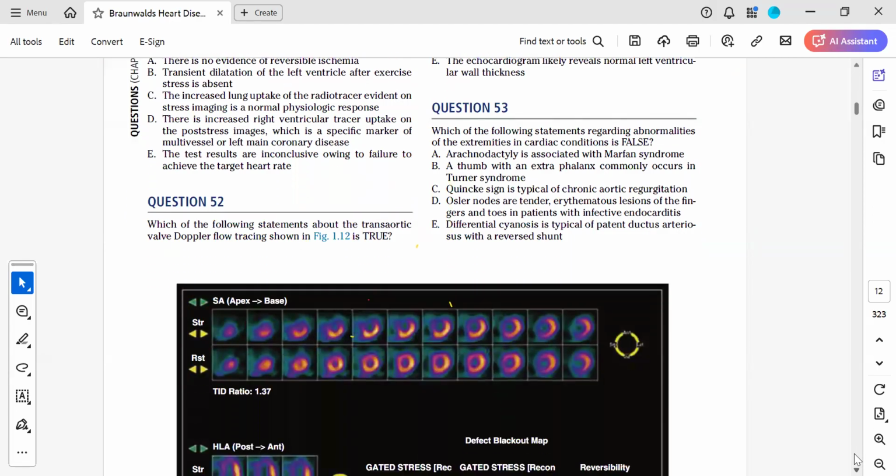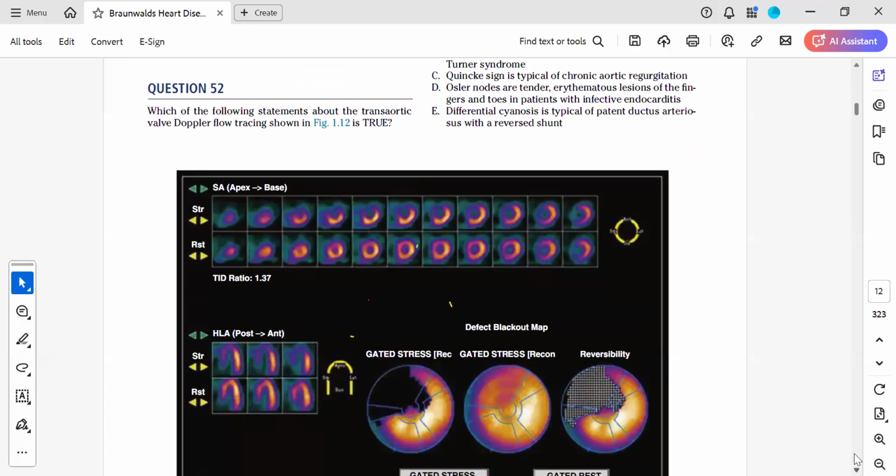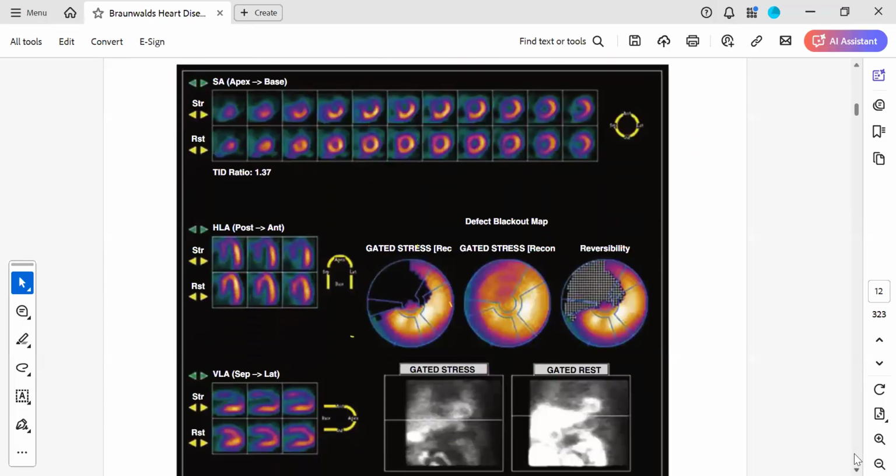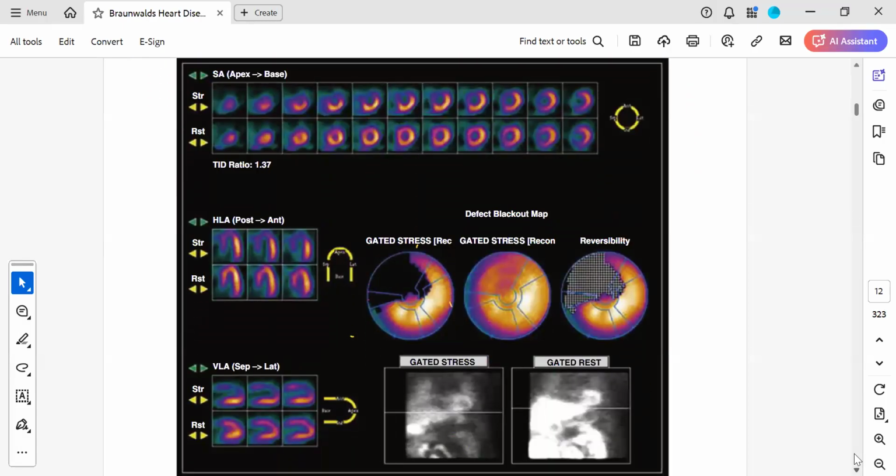So looking at this image, if you look at the top part, the short axis view, you see that for the stress component, the anterior part has a perfusion defect.